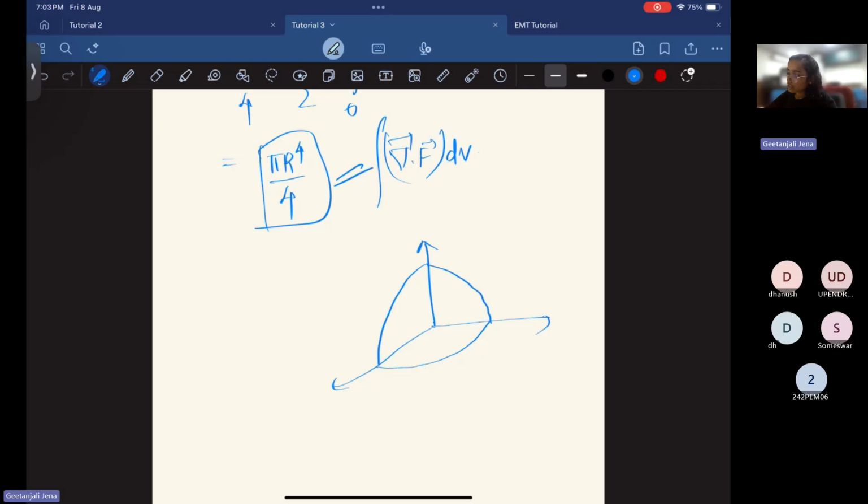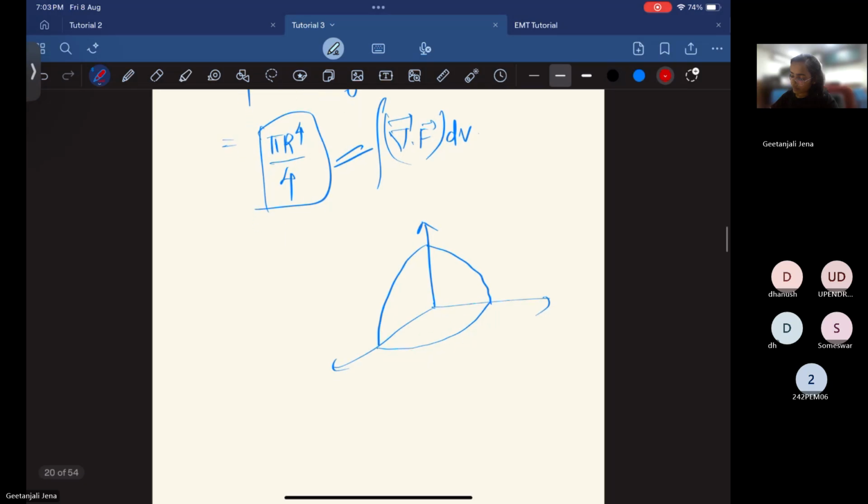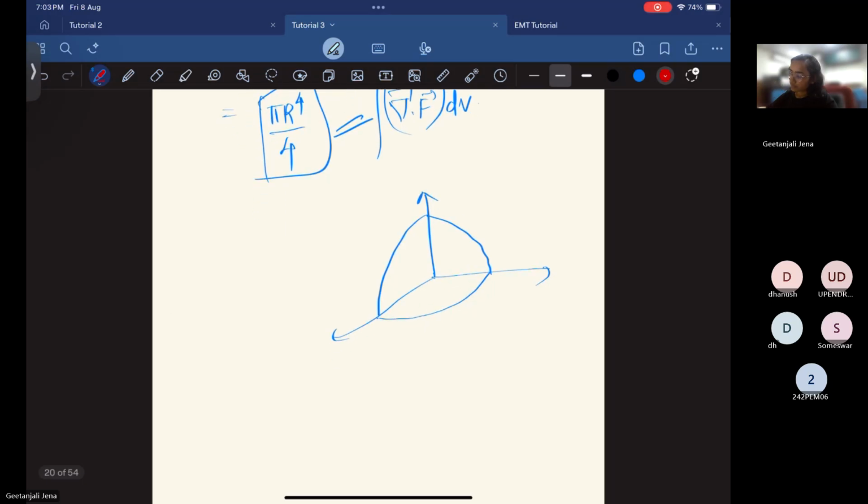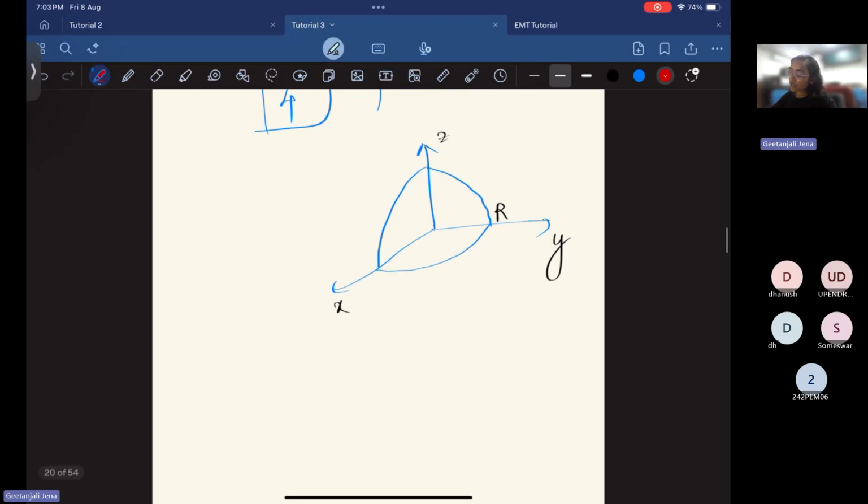So what are the total surfaces we have? Can anyone tell? So we have a total of four surfaces.